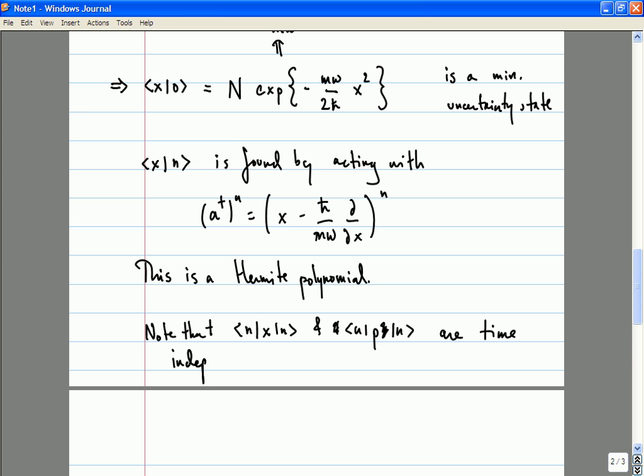By definition, these n's are energy eigenstates. In the Schrödinger representation, x and p are operators that do not depend on time. Hence, their expectation values in these states do not depend on time.